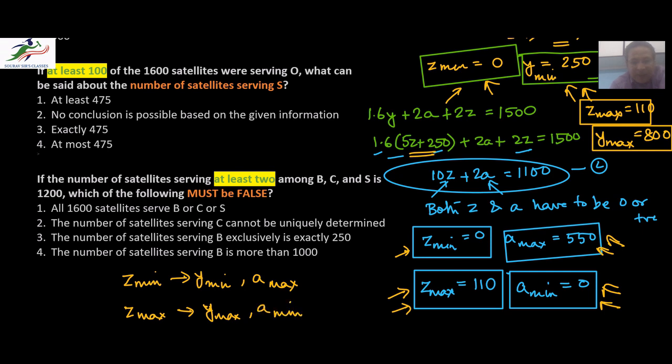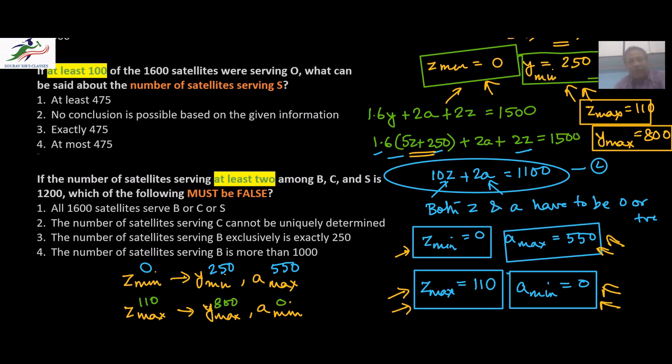So this is the condition that we have to understand to solve the set of the questions. And we can note down the values here that we have derived. Z minimum is 0, Y minimum is 250, A maximum is 550, and then we have Z maximum is 110, Y maximum is 800, and A minimum is 0.